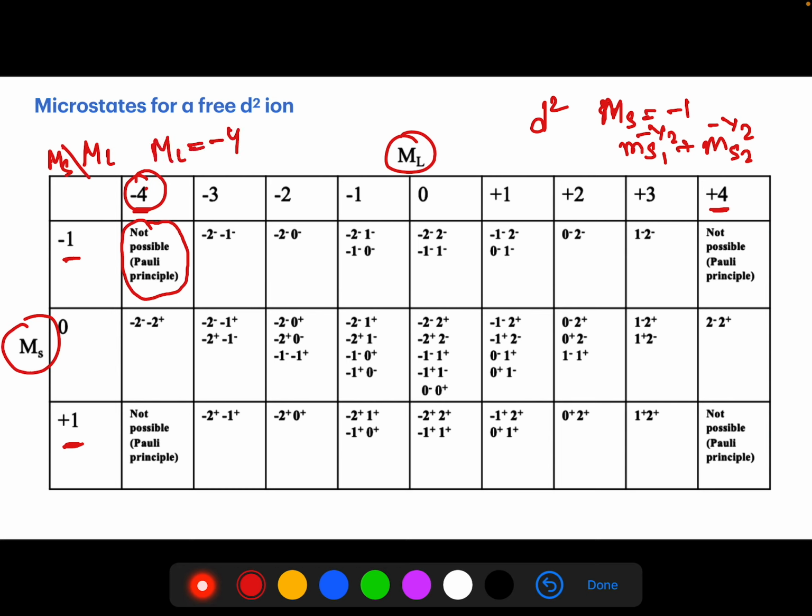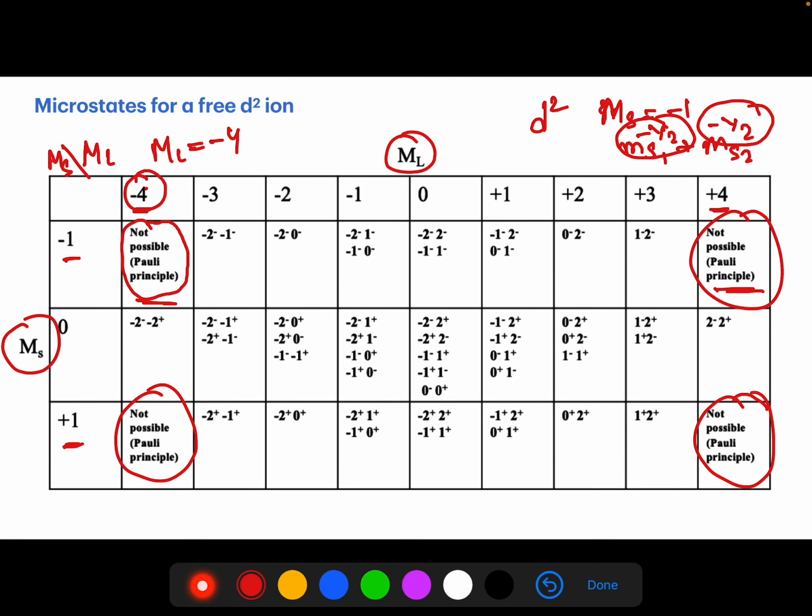So two electrons cannot be in the same orbital with the same spin. It cannot disobey Pauli's principle. Therefore here there are zero microstates, and similarly zero microstates are not possible in this space of ml value plus 4 and ms value minus 1, and the same with ms plus 1.